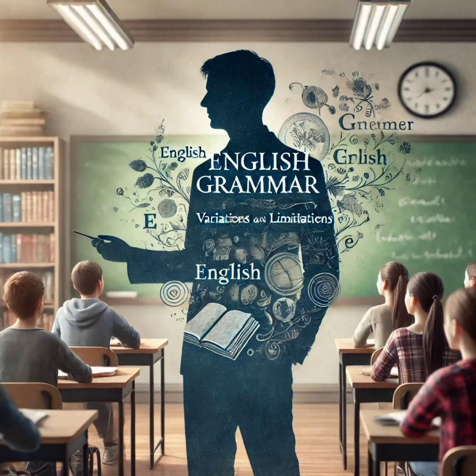These limitations led to the development of new approaches to grammar, such as structural grammar, generative grammar, and cognitive grammar, which aim to provide more accurate and comprehensive descriptions of language. Let us simplify it.